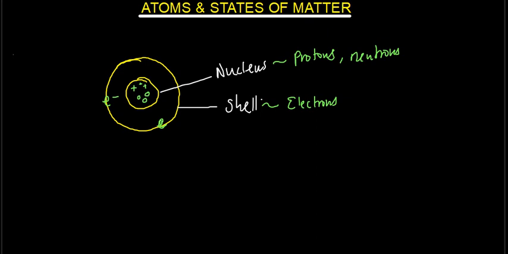So let me write a table. Here we are going to have protons, we are going to have electrons, and then we are going to have neutrons as a part of an atom.